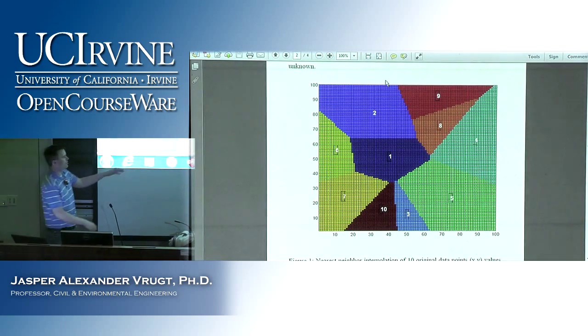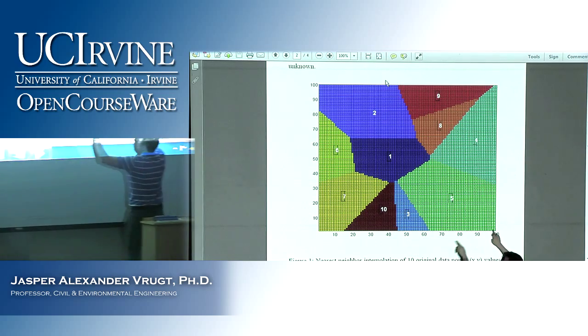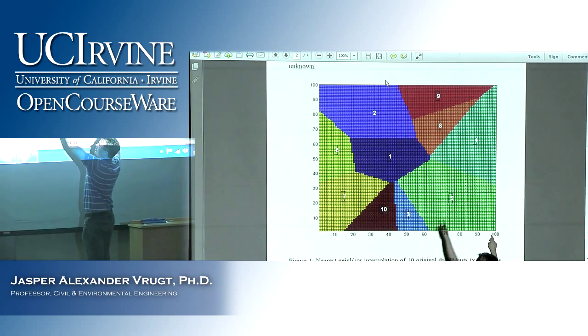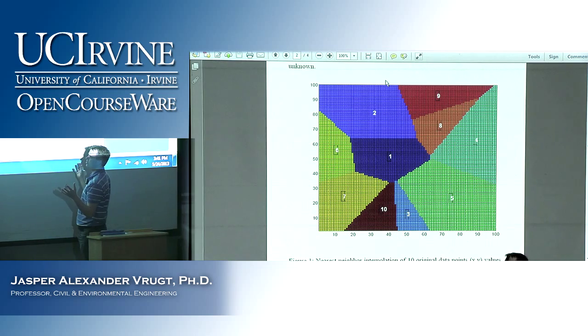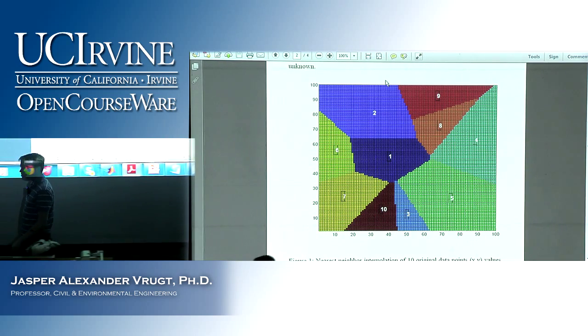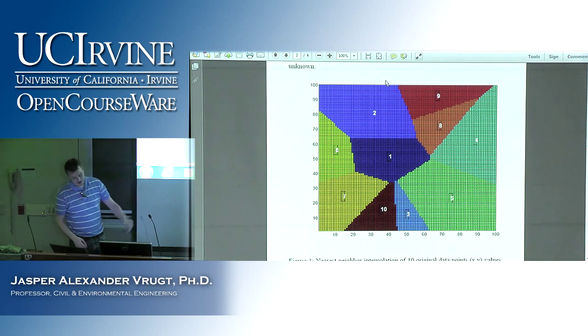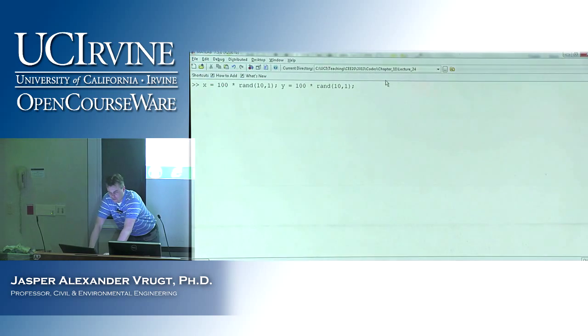It was also in the document. You see, I have 100 cells here, and 100 cells in the Y direction. So I have 10,000 cells. Each cell is either a 1, 2, 3, 4, 5, 6, 7, 8, 9, or 10.